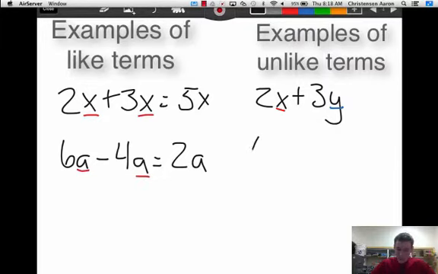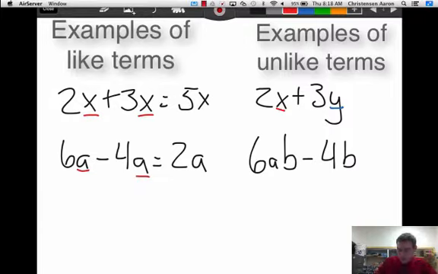Now, but if we had 6ab minus 4b, although we have a b here and a b here, they're not the same because we have this a here in this term, and we don't have it here.